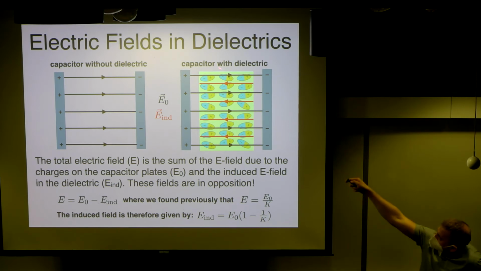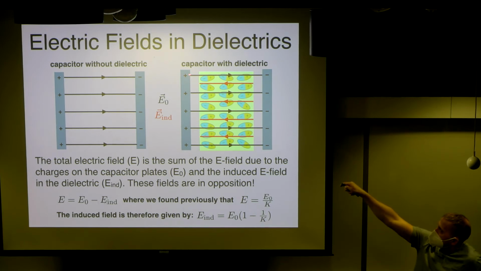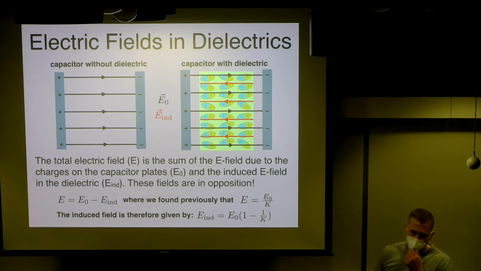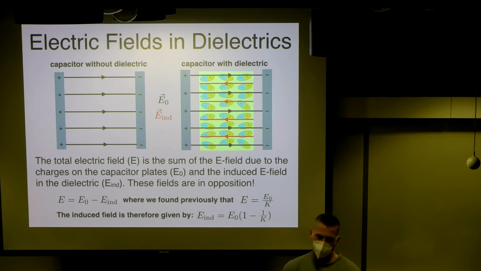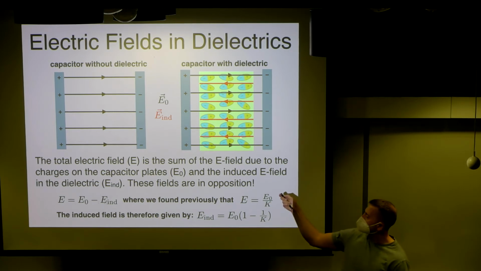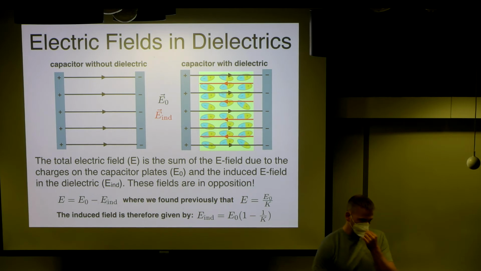But when I do have a dielectric, we have that electric field that's due to the charges on the plates going from here to here. It's still shown in black. That hasn't changed. But in addition to that, we have this E field that's induced within the molecules, okay? And I'm showing that to you in red. And remember, I just explained how this is going in the opposite direction, right?